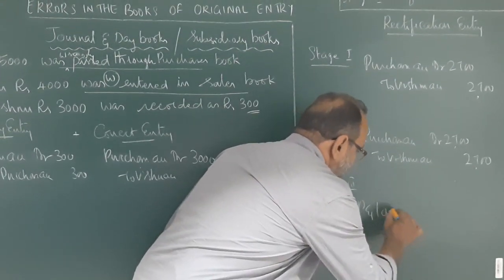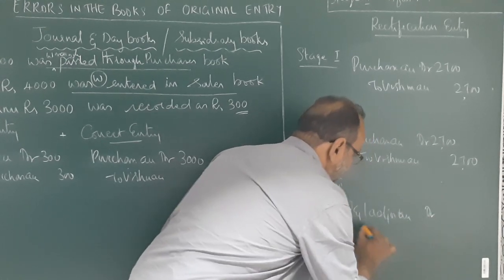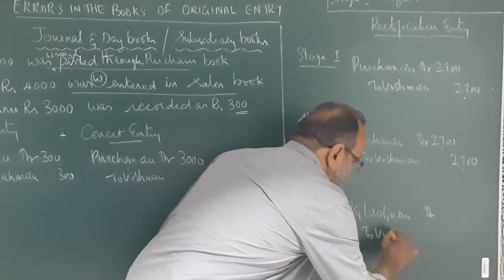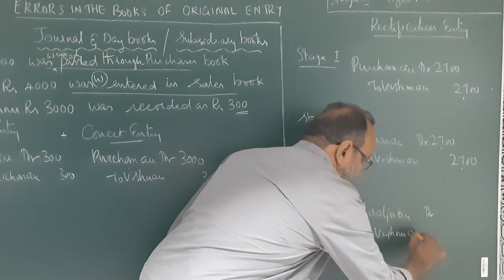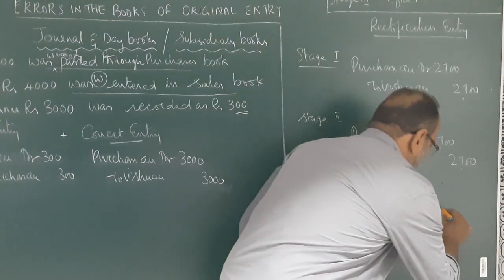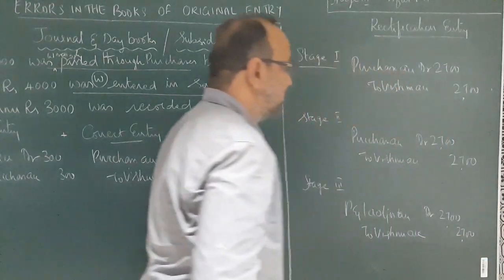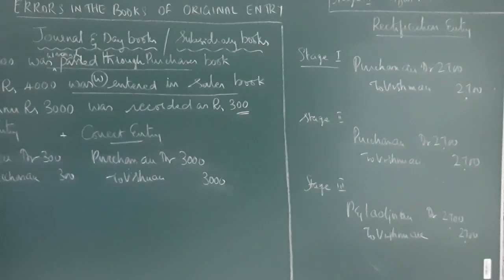Profit and loss adjustment account debit to Vishnu account 2700. Right?